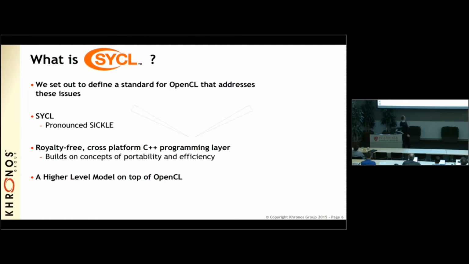So we decided to define a standard for SYCL. Sorry, the PDF generation of this went a bit odd. For OpenCL that addresses some of these issues. We call this SYCL, which is pronounced SYCL, fairly obviously because that's how I've been pronouncing it. This is a royalty-free cross-platform C++ programming layer that builds on top of the portability and efficiency concepts that we have in OpenCL, and in theory with little or no loss of efficiency.